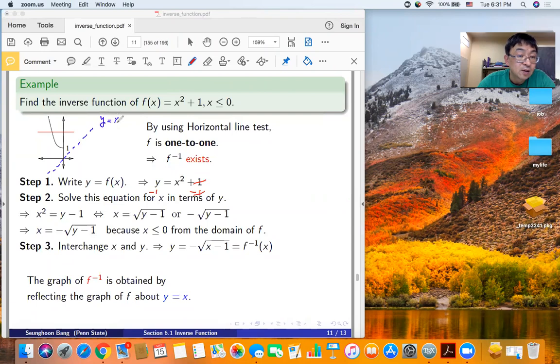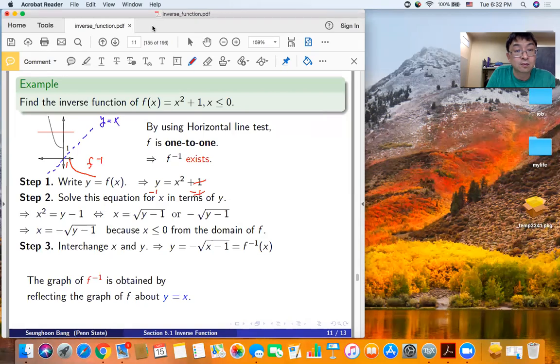Next, reflect the graph of f about y equals x. The graph is like this. This is also one-to-one. This is the inverse function. You can match it: the inverse of f is exactly the same as negative square root of x minus 1. Here we have this kind of result.